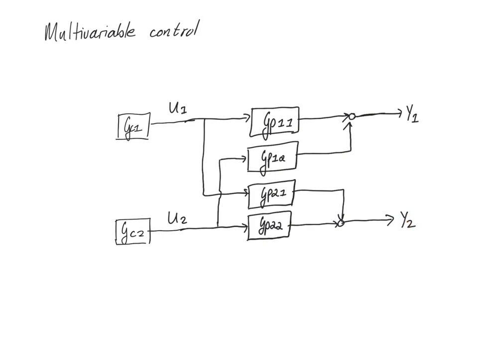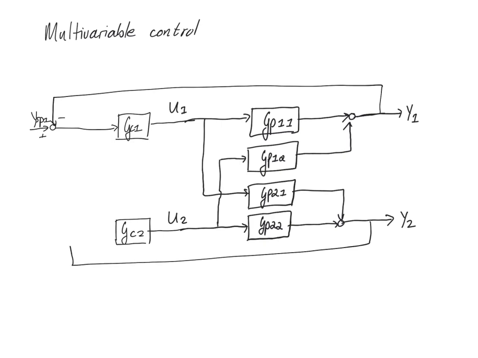Now, in order for this to work, we obviously need to measure these variables. So we will measure y1 and subtract that from a set point for y1 going into controller 1, and we'll add a measurement of y2, subtract from y_SP2 going into controller 2.